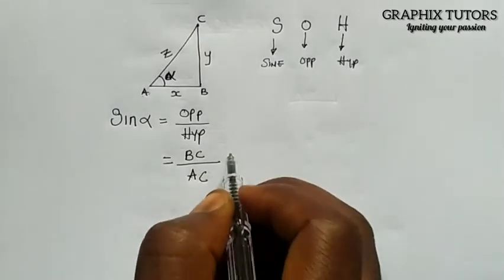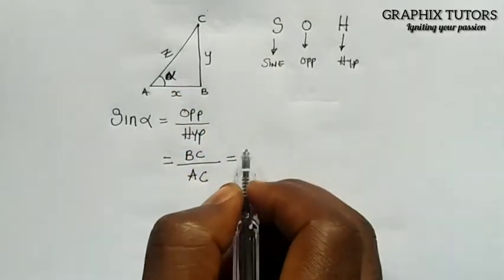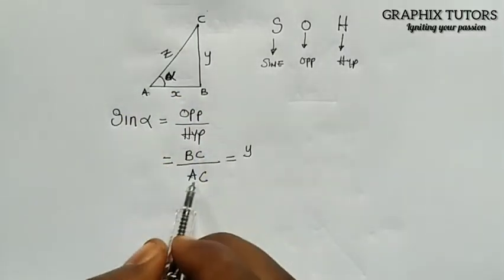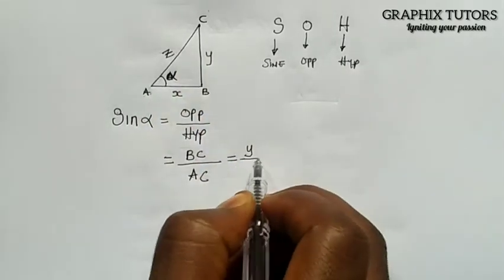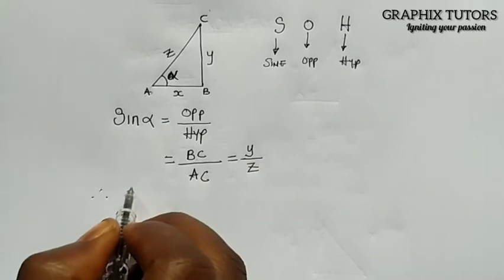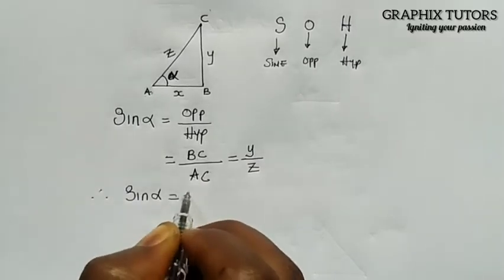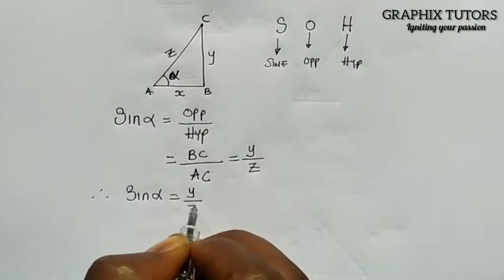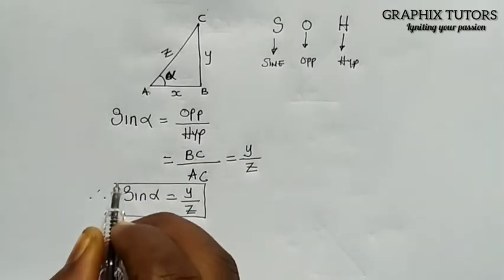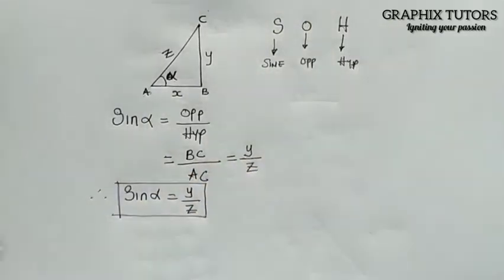BC is Y and AC is Z. Therefore, my sine alpha is equal to Y over Z. So whenever you're considering sine, you know it is opposite over hypotenuse.